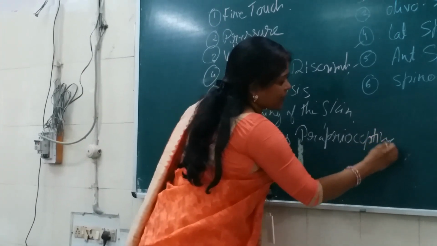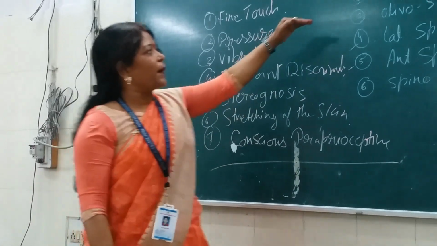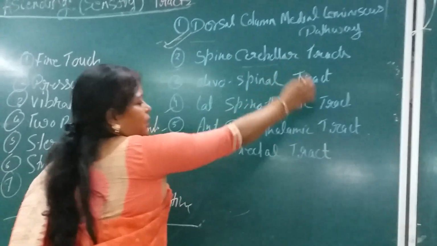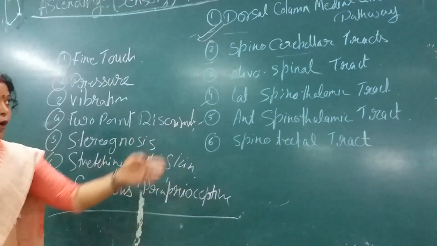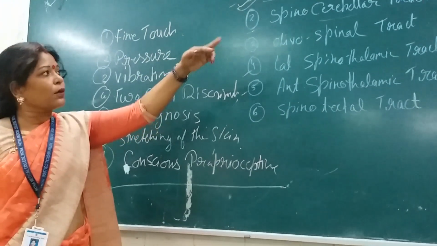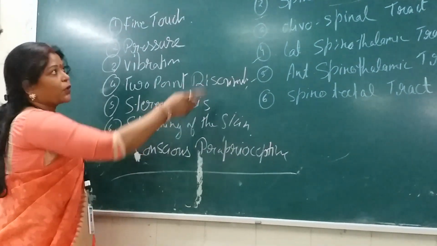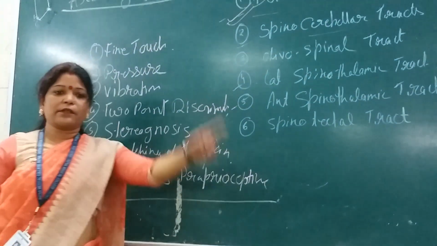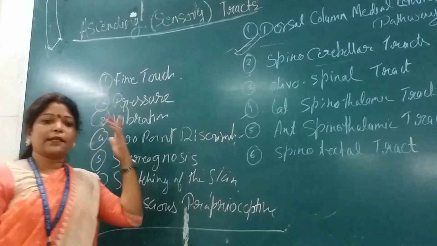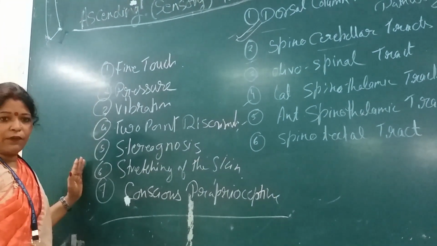The unconscious proprioceptive impulses are also there, which will be carried by the spinocerebellar tract. Look here, this is the spinocerebellar, and as we discussed right now, the cerebellum is not the higher center, it is below that. So conscious level will not be attained for these proprioceptive impulses on these pathways, because the dorsal column medial lemniscus is going straight upward towards the cortex, that is the postcentral gyrus. We will see. So these are the modalities of sensation.